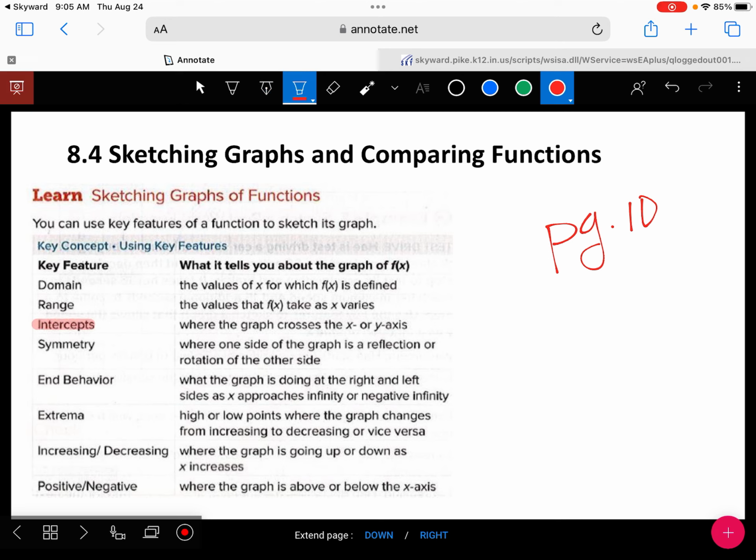So I'm focusing on intercepts and end behavior. Some of the other things are all helpful, but those are the 2 things that will help us the most. Intercepts and end behavior. That's going to help us sketch our graphs.